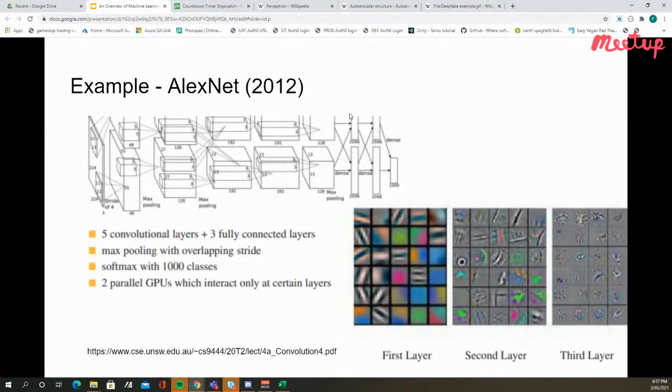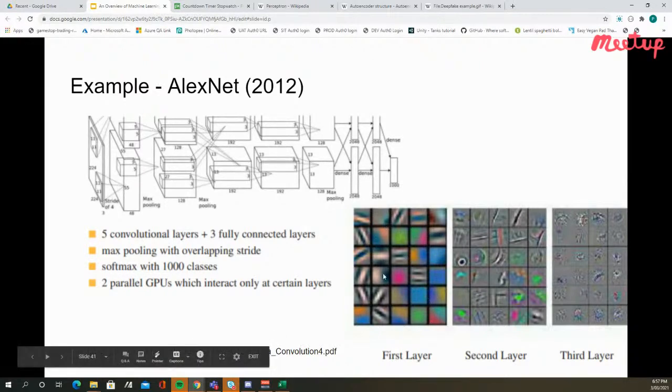An example of a convolutional neural network is called AlexNet. These are from images; they are just things that the algorithm decides are parts of the image, and then it groups them.